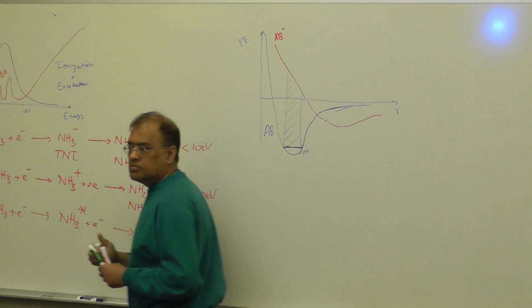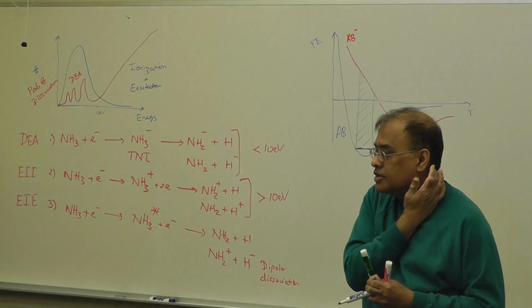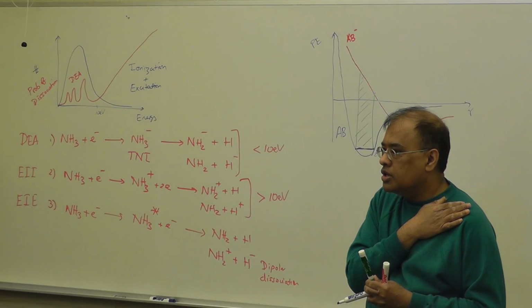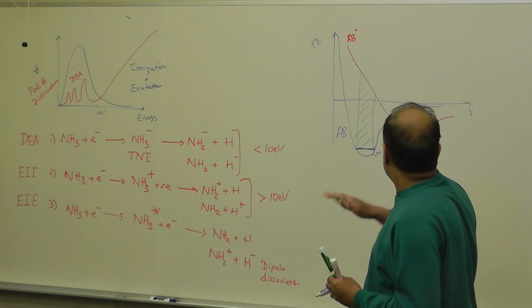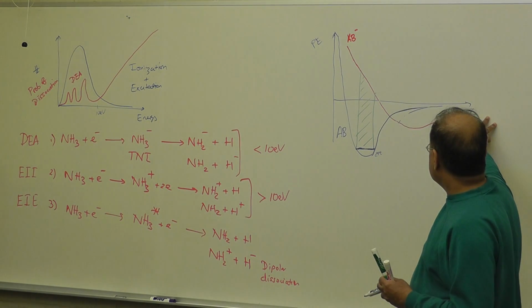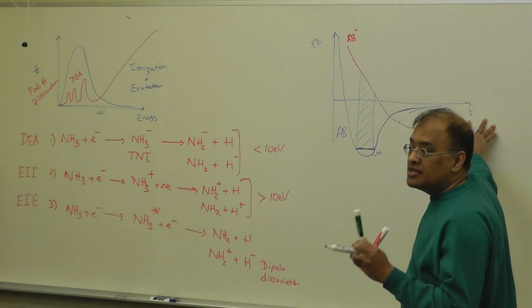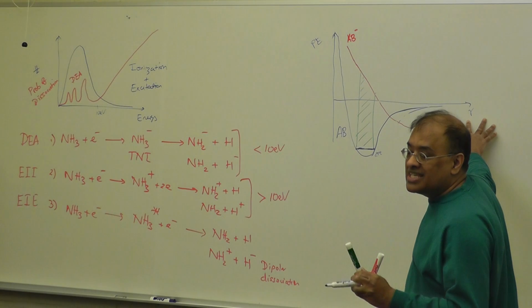Yes? I had a question. When you were positioning, you were doing it to the left and to the right, but I thought the x-axis was internuclear distance. I didn't specify what the internuclear distance axis was. If you're talking about a diatomic molecule, the internuclear distance is always the z-axis.